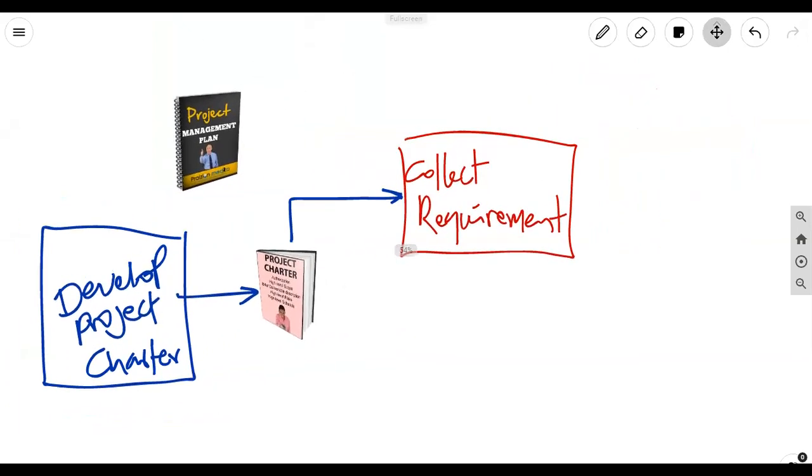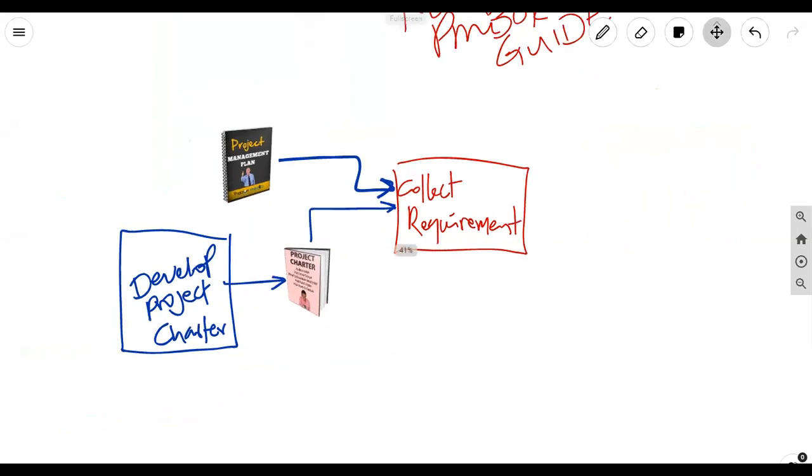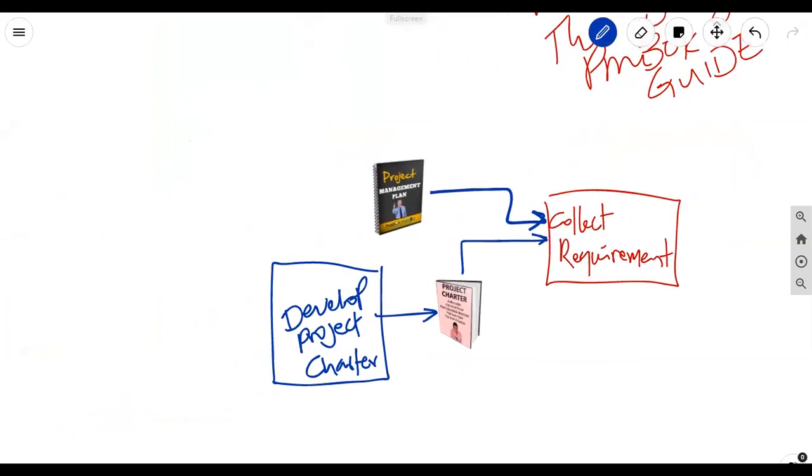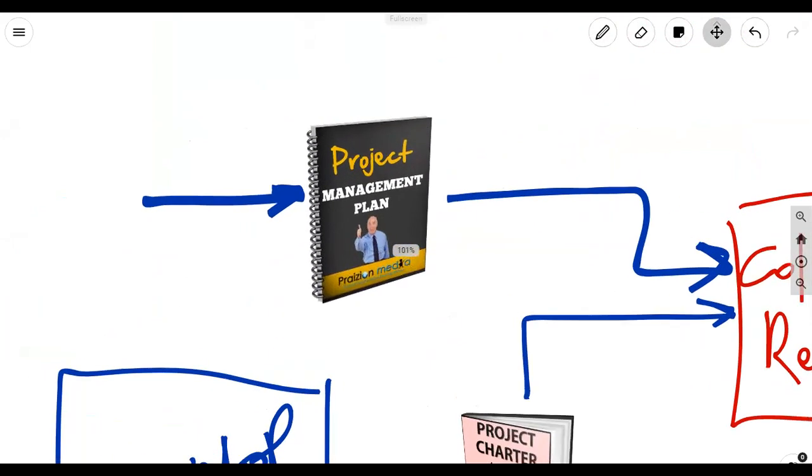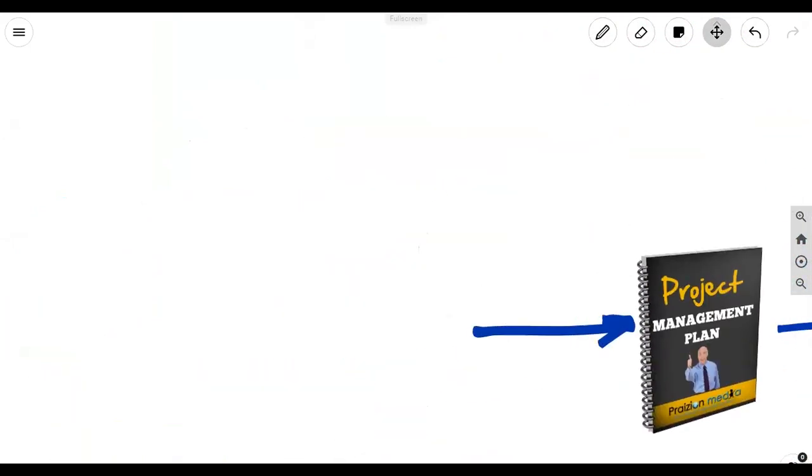So you can see the layout here of how the inputs are coming in to help this process. Where does the project management plan come from? It comes from the process known as Develop Project Management Plan.